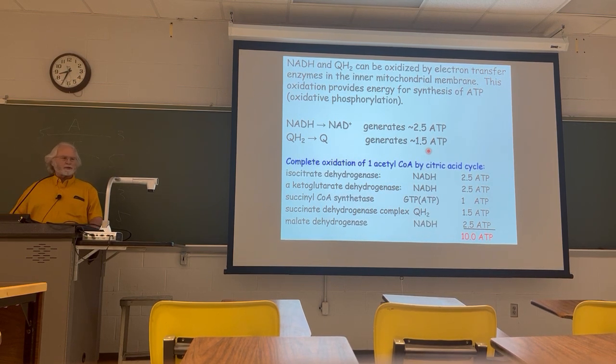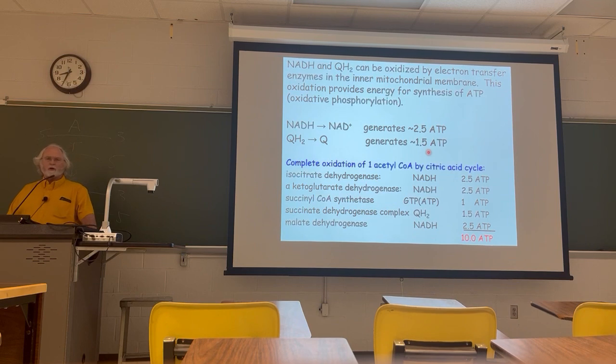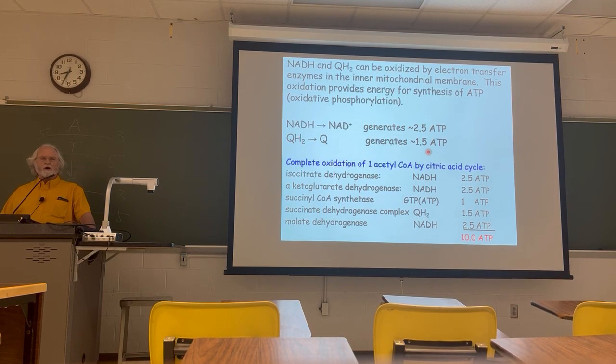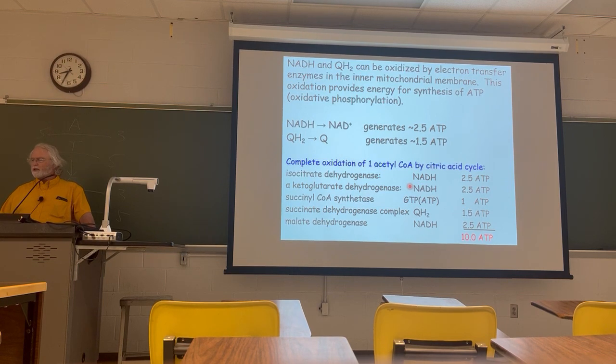So we can start to do some calculations of how many molecules of ATP can be synthesized using the energy from oxidation of acetyl-CoA. So if we start with 1 acetyl-CoA, go through the citric acid cycle, the isocitrate dehydrogenase and the alpha-ketoglutarate dehydrogenase, the 2 oxidative decarboxylation reactions in the citric acid cycle, each generate 1 NADH.